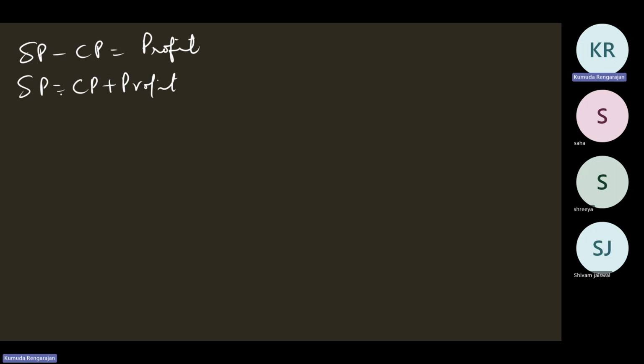Now to find CP, take the CP to the other side because it's minus CP. Then it will become plus CP. This minus CP to the other side will become plus CP. So CP will be equal to SP minus profit. Bring the profit this side. So SP minus profit.